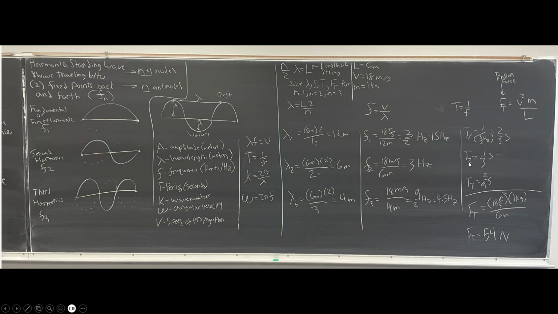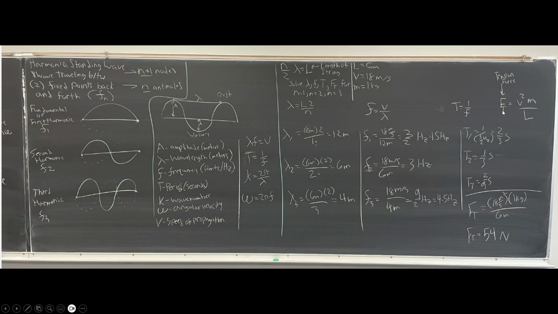For the second period, the period of the second harmonic wave that has these parameters, that would be 1 over 3 hertz, and 1 over a hertz is 1 over a second, or 1/3 seconds. And the third harmonic standing wave, under our current conditions, will have the period T3 equaling 1 over 9/2, or 2/9 seconds.